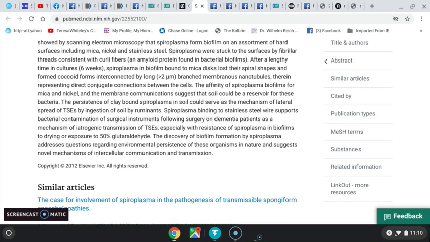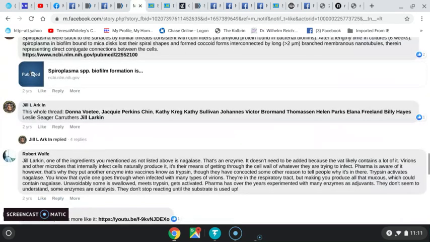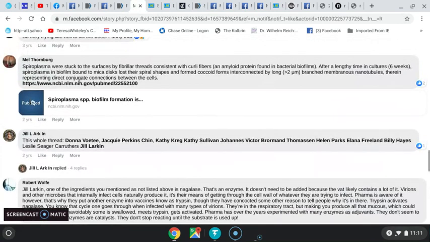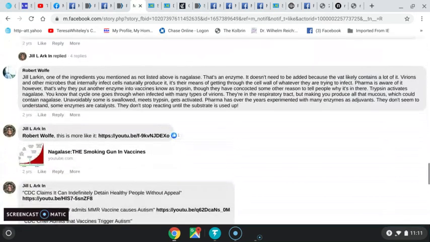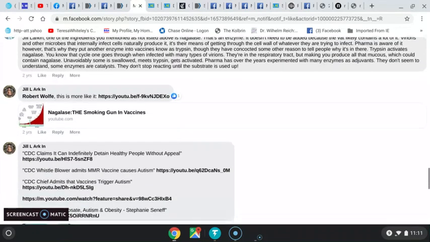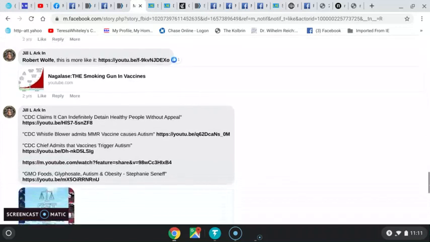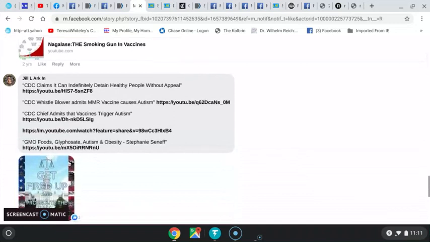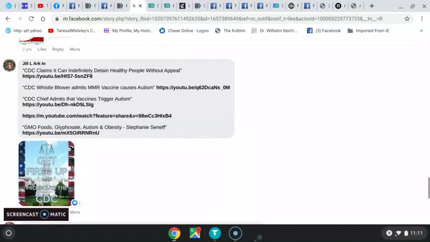Spiroplasma binding to stainless steel wire supports bacterial contamination of surgical instruments following surgery on dementia patients as a mechanism of iatrogenic transmission of TSE, especially with the resistance of spiroplasma and biofilms to drying or exposure to 50% glutaraldehyde. This discovery of biofilm formation by spiroplasma addresses questions regarding environmental persistence of these organisms in nature and suggests novel mechanisms of intercellular communication.